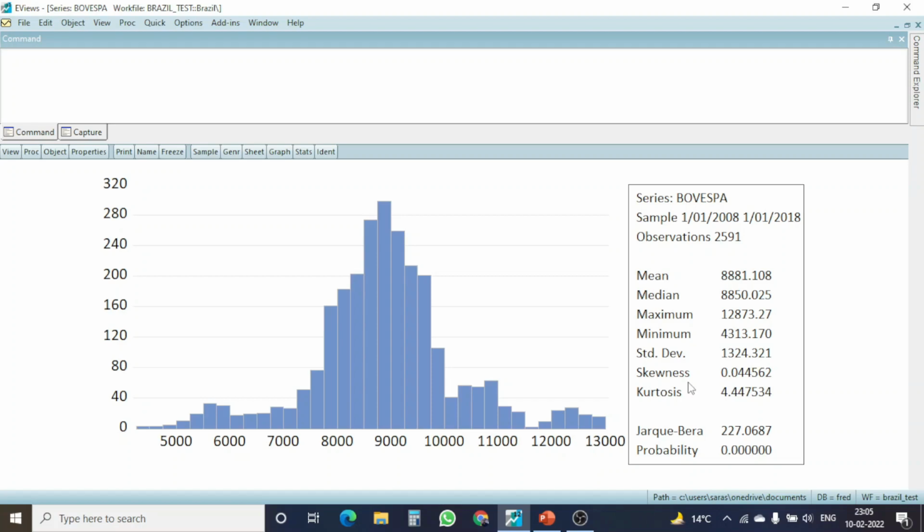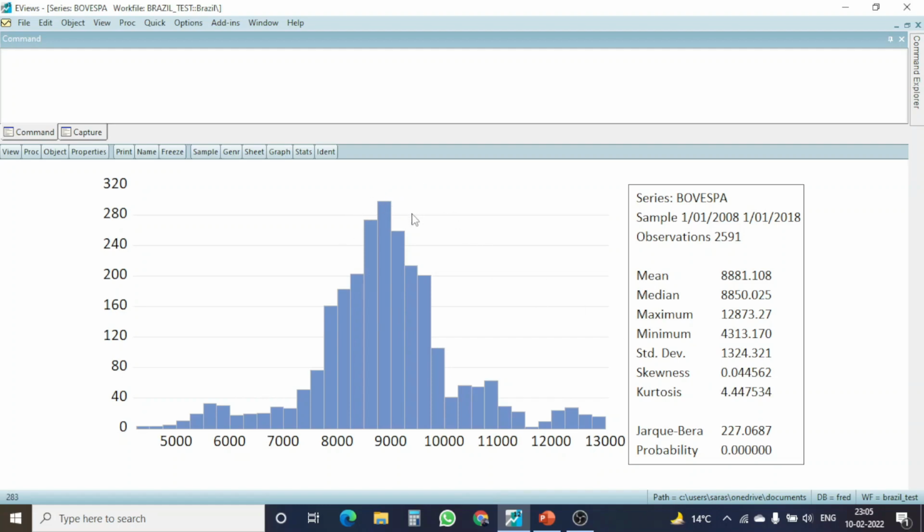Skewness, another measure of our descriptive statistics, is 0.004. This is very near to 0, so we can say that the data is normally distributed. But again, as I told you, this is a highly steep curve.